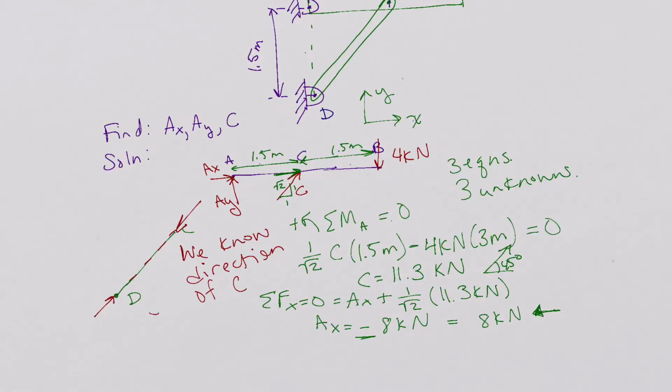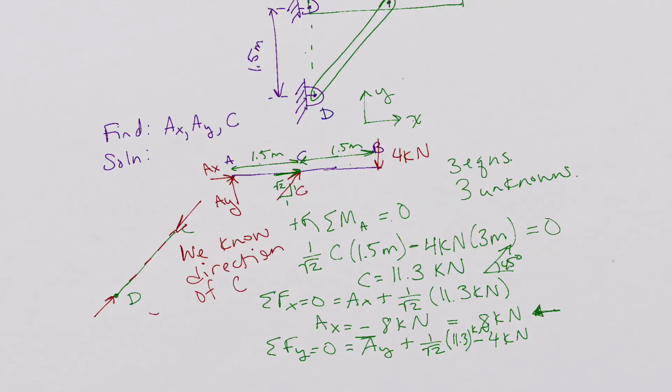It's no big deal. So then we'll do the sum of the forces in the Y direction equals 0, and that equals AY plus that Y component of C, which is 1 over the square root of 2 times C, minus 4 kilonewtons. And we know C, it's 11.3 kilonewtons.